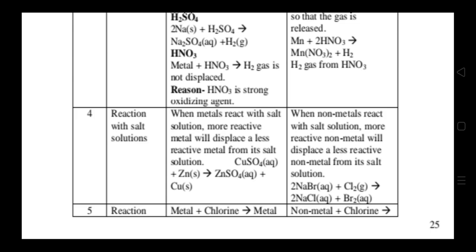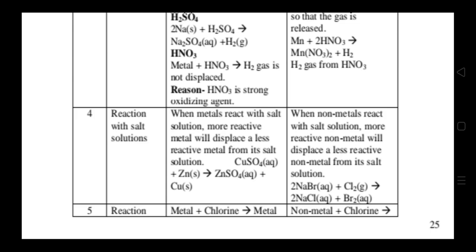Coming to non-metals, a more reactive non-metal will displace a less reactive non-metal from its salt solution. Sodium bromide plus chlorine gas react to form sodium chloride and bromine in aqueous solution.